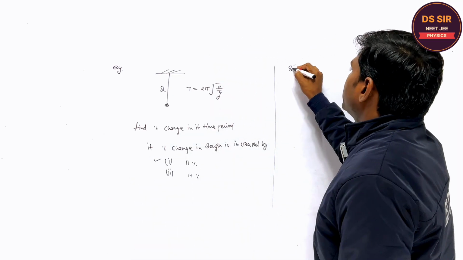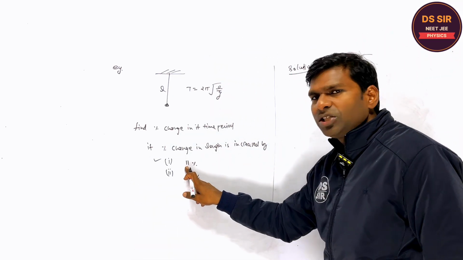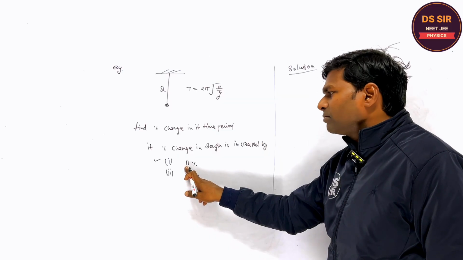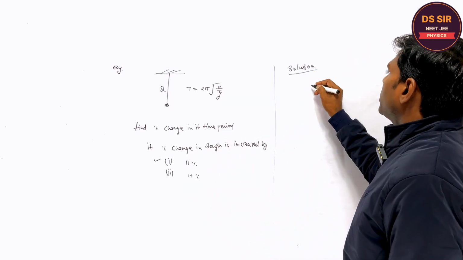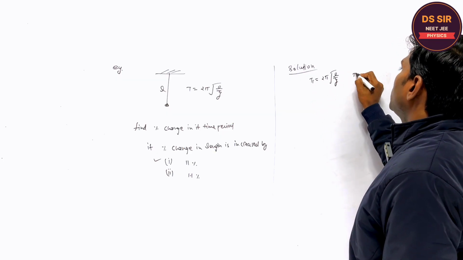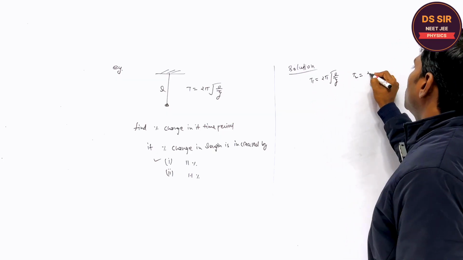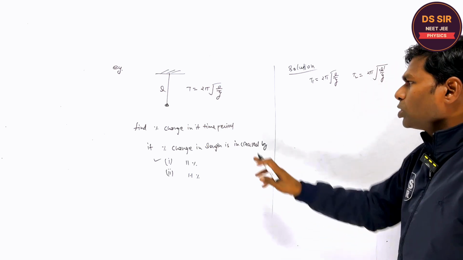So let's see how to solve this question. You tell me, the percentage change is very big, 11% is sufficient, right? So then T1 is 2 pi root L upon g. T2 is 2 pi root L dash upon g, because the length is changed.